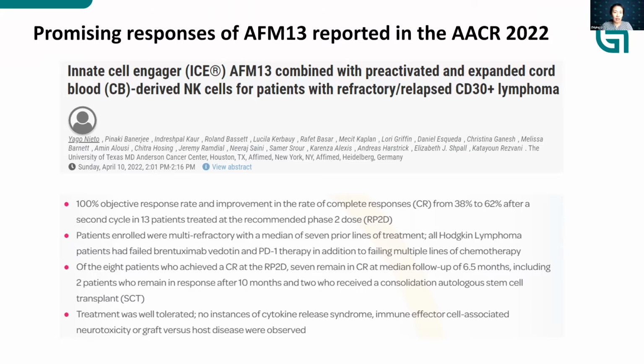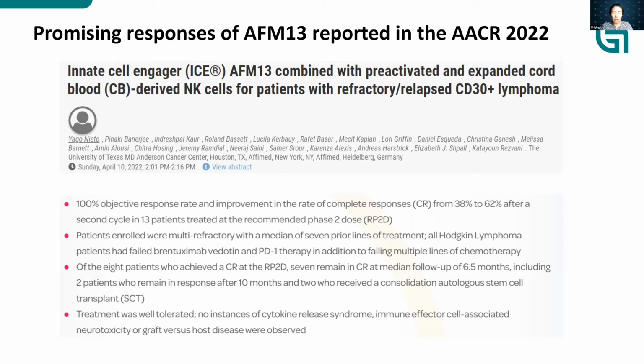But recently, this poster caught our attention, which is presented by Affimed on their AFM13 antibody as a therapy for refractory CD30 positive lymphoma.